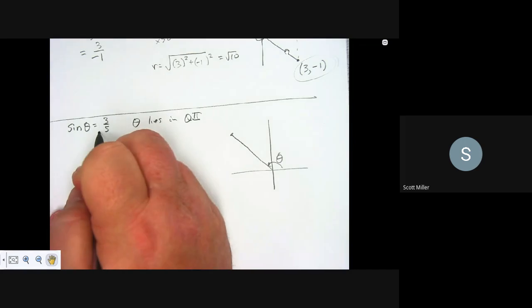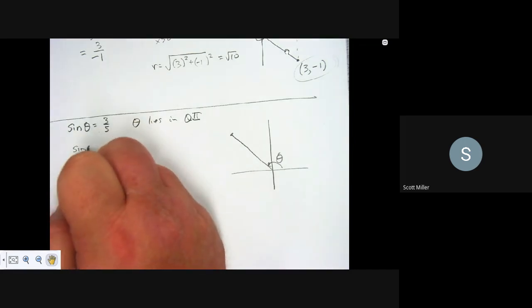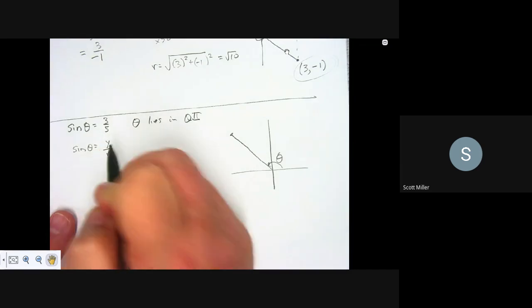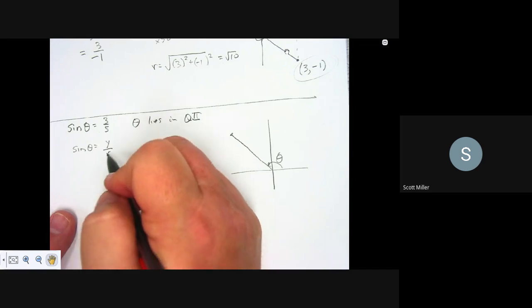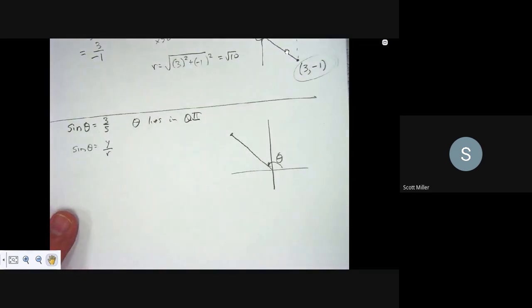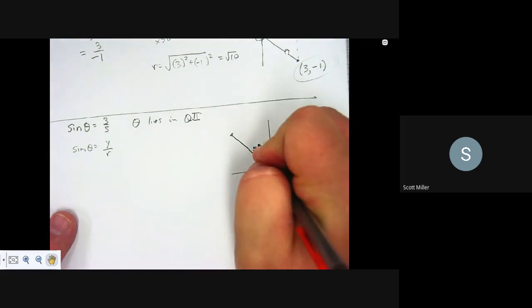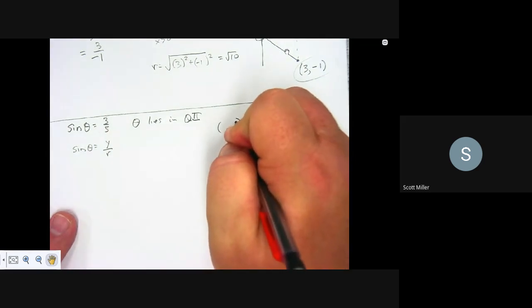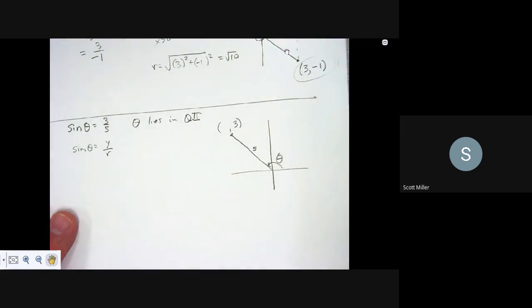Again, by definition, the sine of theta is y over r, which means y has to be 3 and r has to be 5. So I know this value here is 5. In my point up here, the y value is 3, and y has to be positive because you're above the x-axis.